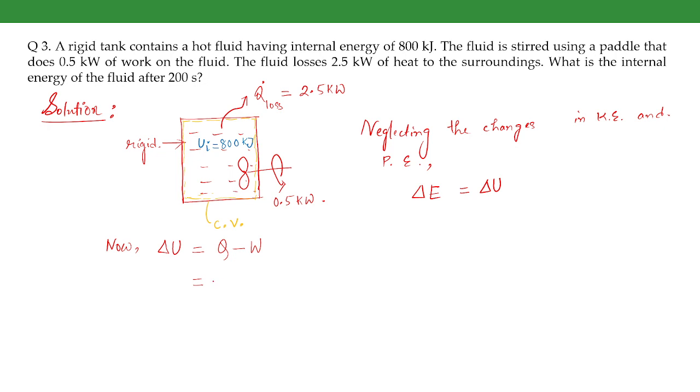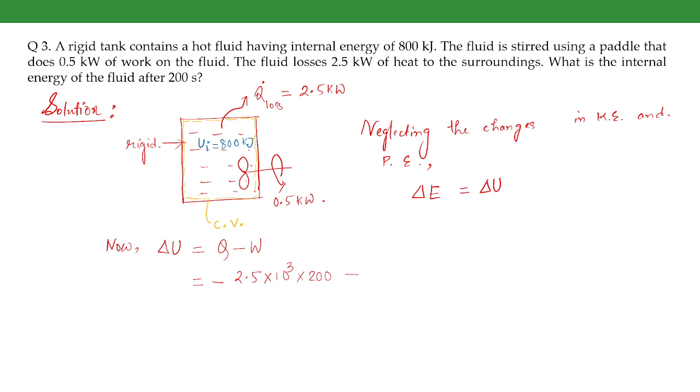So here the heat is being lost by a system, so the heat lost will be negative, and this is 2.5 kilowatt. So 2.5 into 10 to the power 3, and we multiply it by 200 to give the total amount of heat lost in 200 seconds, minus, so we know that by sign convention again, the work that is done by a system is taken as positive and work done into the system is taken as negative.